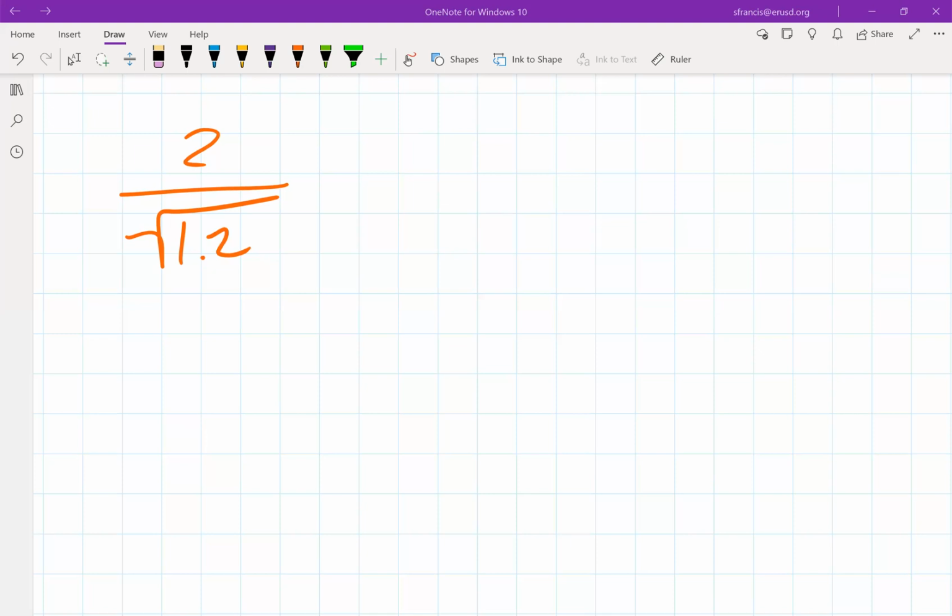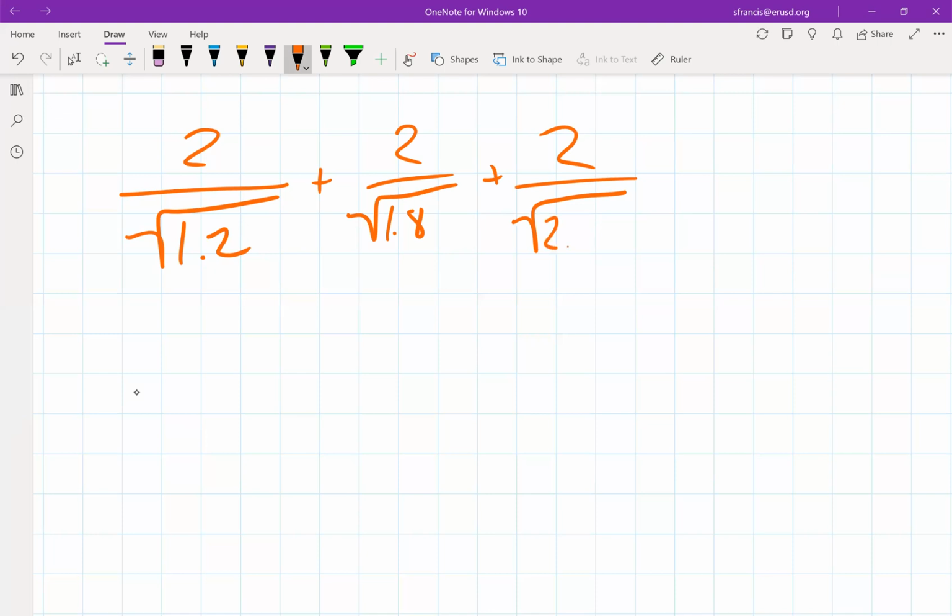All right, let me give some support on this one here. The first term is 2 over root 1.2. The second term is 2 over root 1.8, plus 2 over root 2.4, and eventually 14.4.